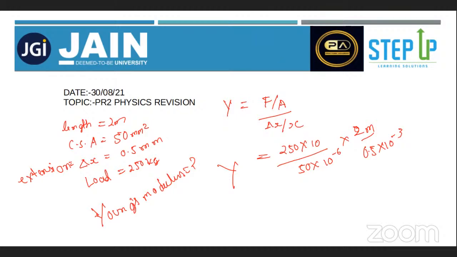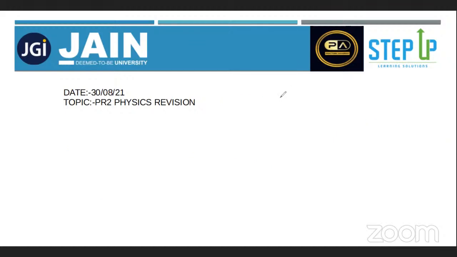Let's go to the next question. What is given is the escape velocity of the body when it is projected from the Earth's surface, that is 11.2 kilometer per second.